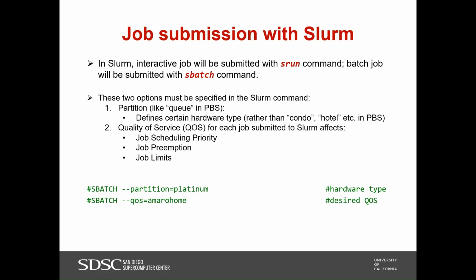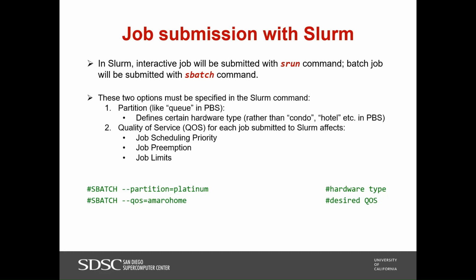It is similar to the current queue in PBS, but this partition we will use to define a certain hardware type. For example, if your compute node is using Intel Platinum or Intel Gold, or if your GPU node is A100, you define what kind of hardware you wish to use for your job in this option.